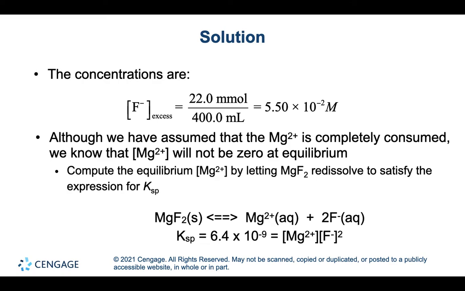So in effect, what we're doing here is going all the way right and using up all the magnesium, and then letting it come back to equilibrium by running the MgF2 solid makes Mg plus 2 and 2F minus reaction.